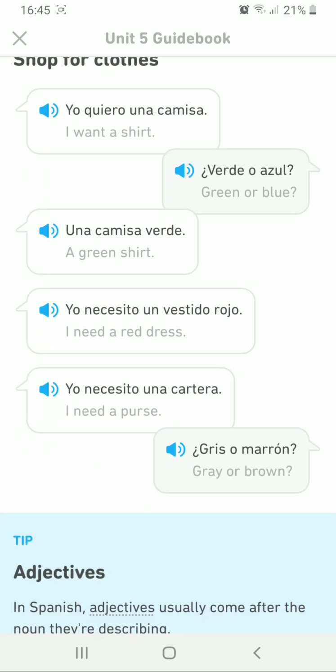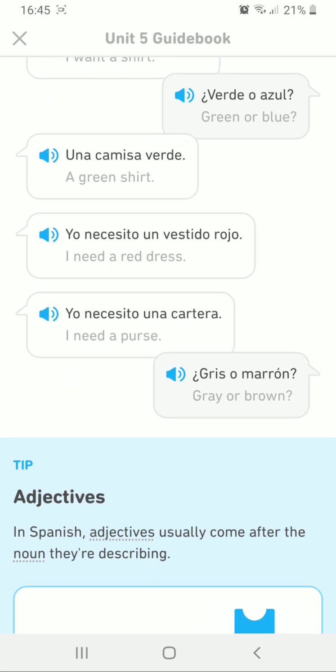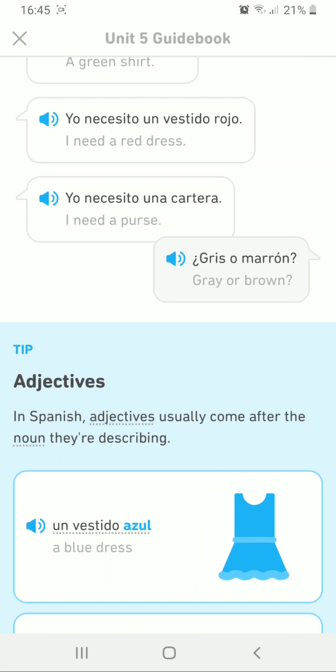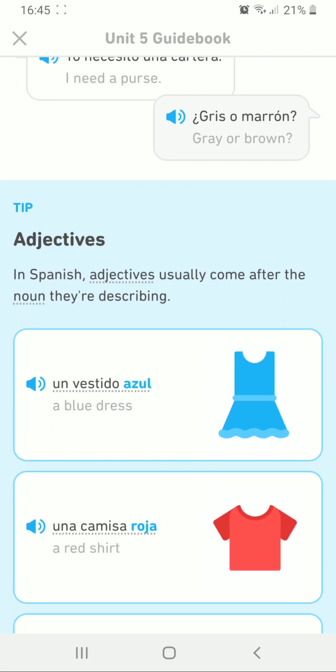Vestido rojo. Rojo, it's the color red. Y yo necesito una cartera, it's a purse. So I need a purse. Gris o marrón. So gray or brown. So again, we have seen negro. Negro means black.